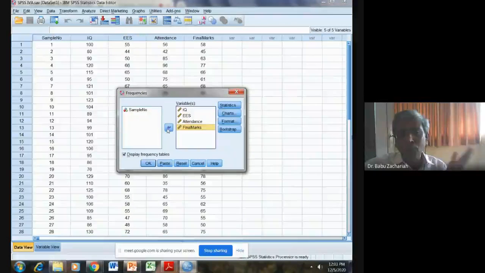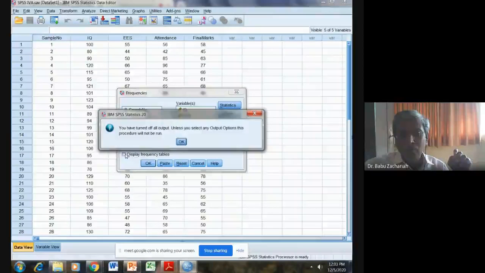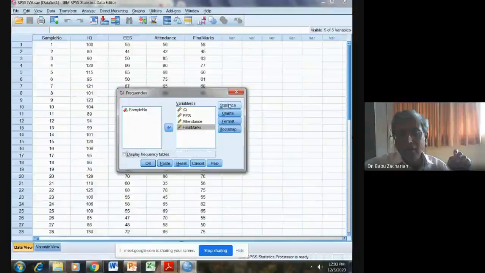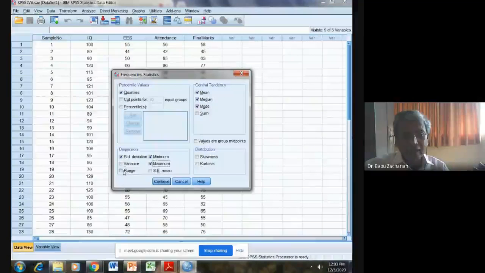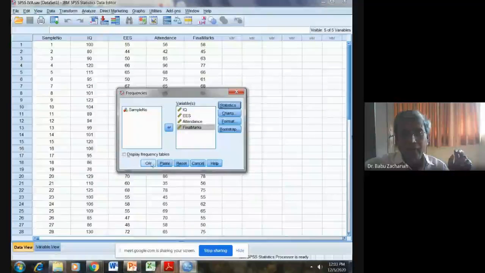These I have moved to the right side. I don't require a frequency table, so I remove it. Now in the statistics, we have to decide what all we want: mean, median, mode, quartiles, standard deviation, minimum, maximum, range. All these are descriptive statistics. Then you can continue and click OK.